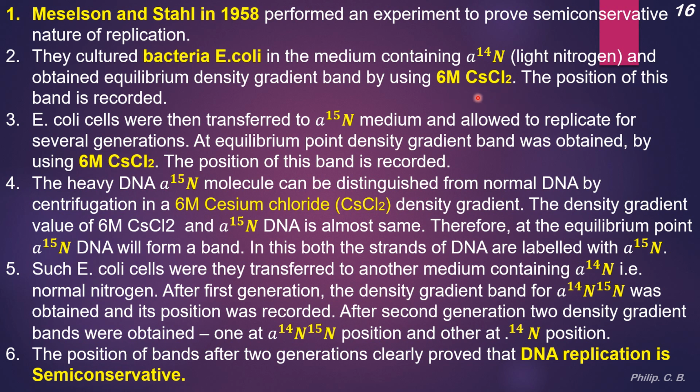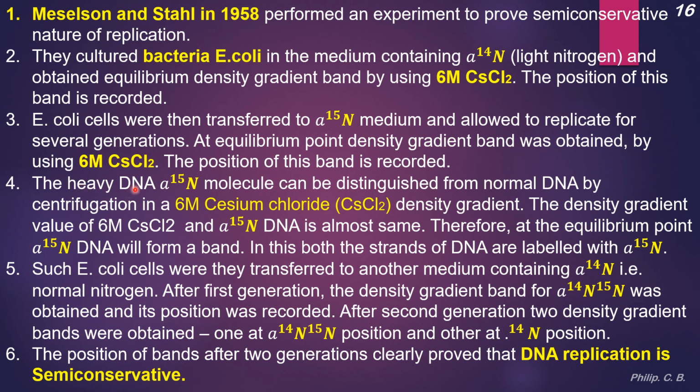Now what is CsCl? Cesium chloride. The position of this band is recorded. Then E. coli cells were transferred to an N15 medium and allowed to replicate for several generations. At equilibrium, a density gradient band was obtained using 6 molar cesium chloride, and the position of this band is again recorded.